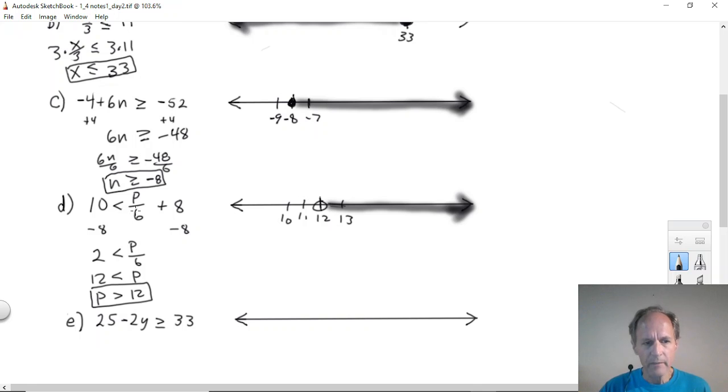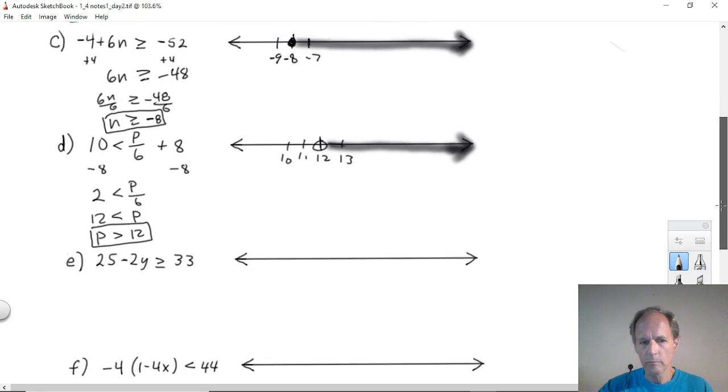So we find that 13 works, and so that's encouraging, because we are saying that all the p's greater than 12 satisfy the original inequality, and 13 should satisfy it, and it does. Okay, so just got a few more.